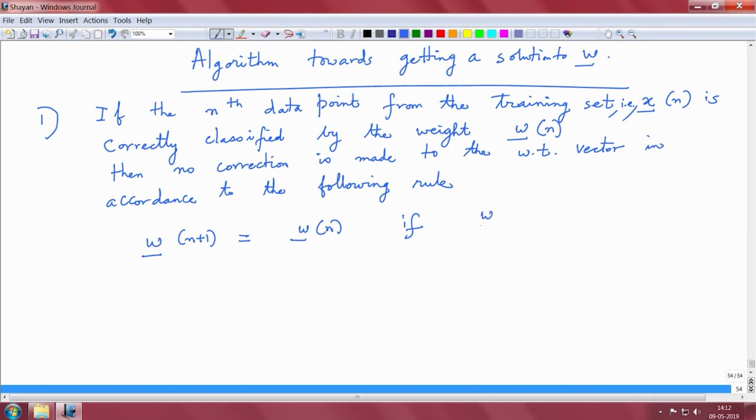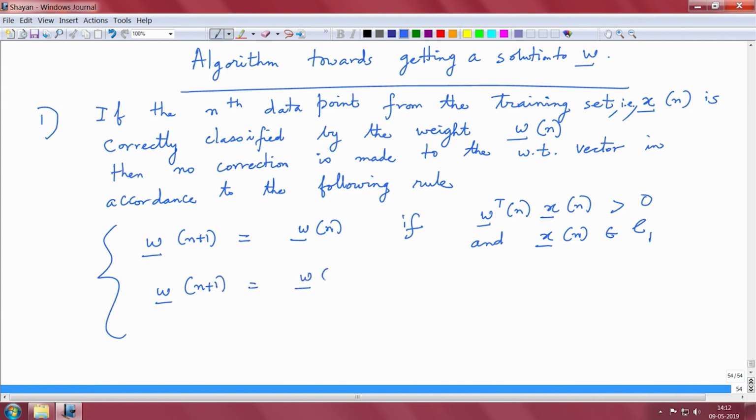If W transpose n xn, that is the inner product of this weight with the data point, is greater than 0 and this data point happens to be belonging to class 1, it belongs to class 1, and of course you can imagine that the inner product between the weight and the data point is less than or equal to 0 and xn belongs to C2.